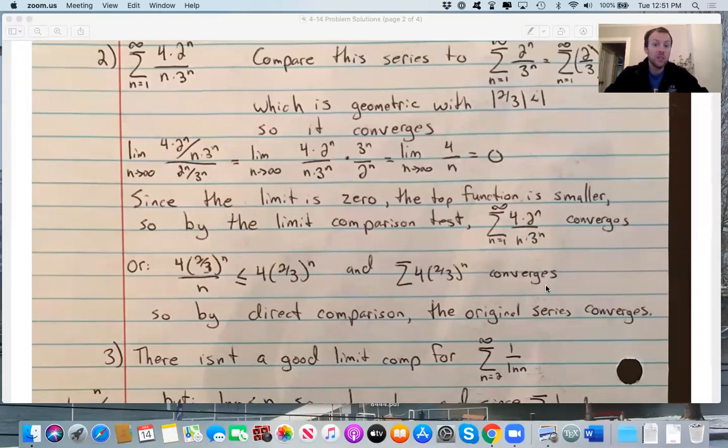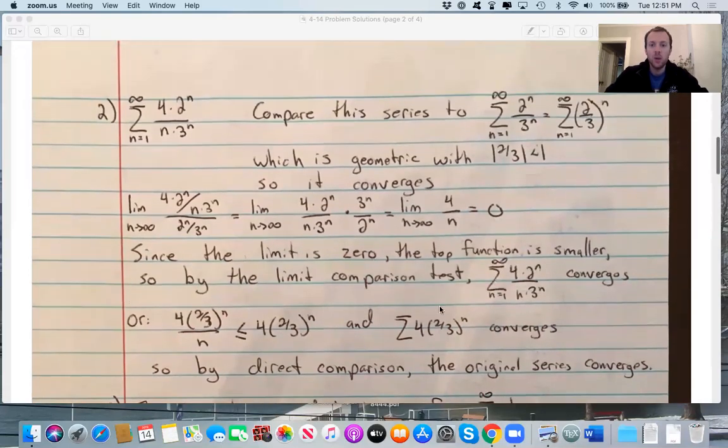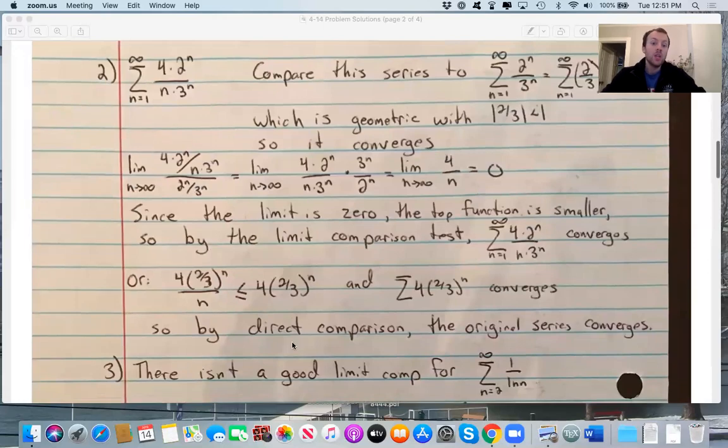So with even a little less work, I think you would still want to say this converges because it's geometric with absolute value of 2/3 less than 1. So you still want to make sure you provide enough justification for this, but we can do a direct comparison, which means we don't have to take the limit or justify why the 0 limit still lets us draw a conclusion.